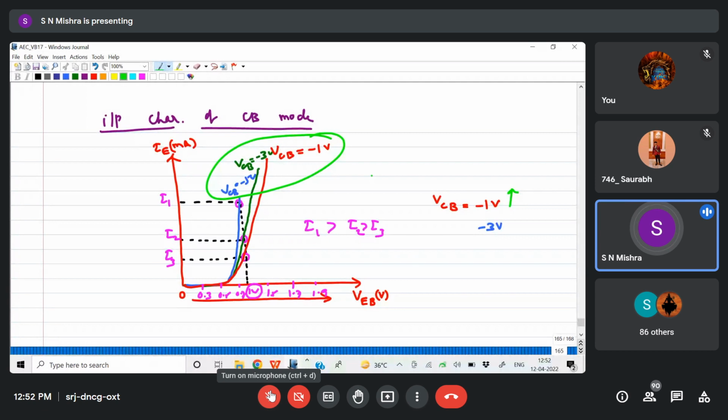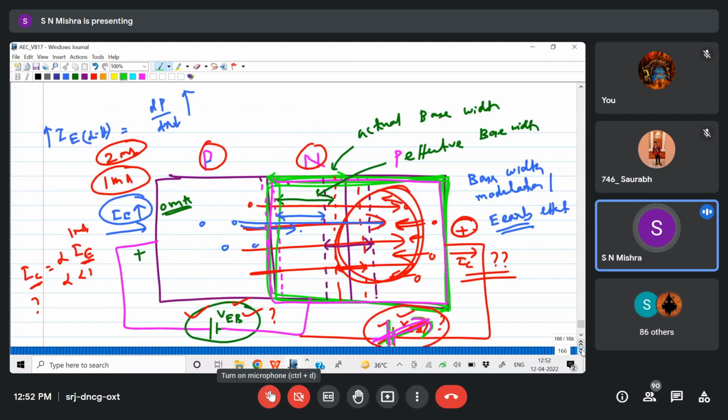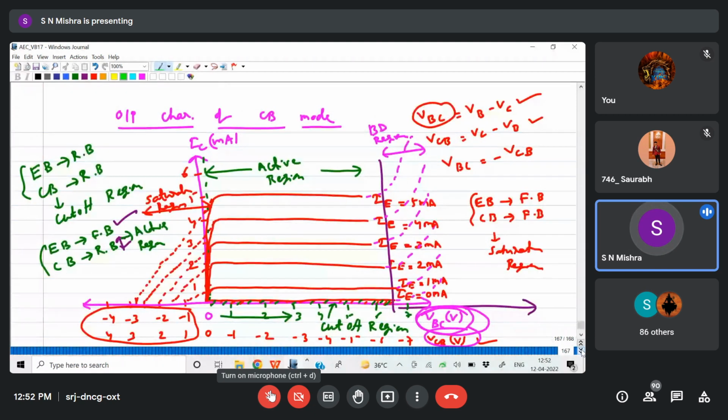After that, for the output characteristic, you have to explain: in the cutoff region, the emitter base junction is open circuited or reverse biased, then current is not flowing, only leakage current is flowing. So that is the cutoff region.